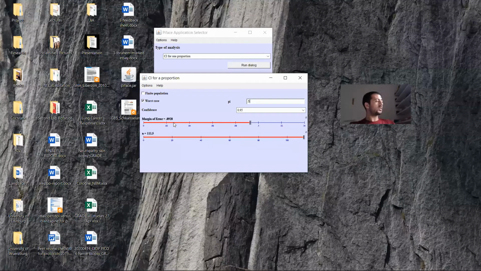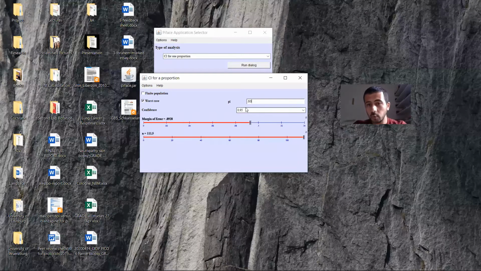So before I go to the streets, I should remember whether the population is finite or infinite, and what my estimation is. Actually, my friend went last year, and his proportion was 60%. I need the same confidence interval and margin of error.